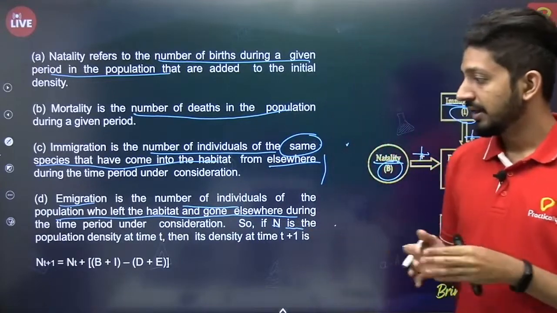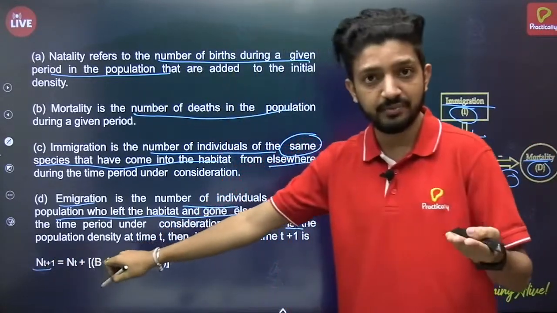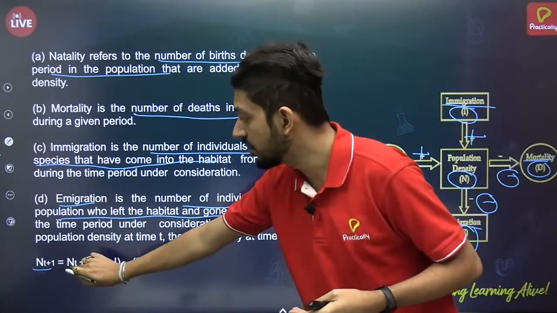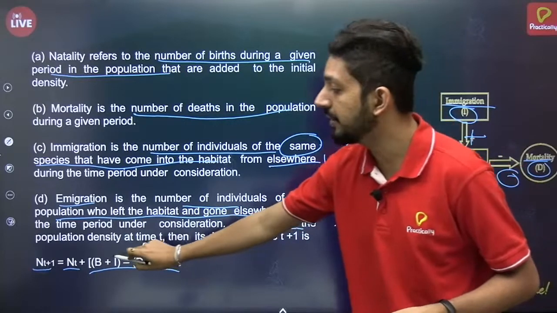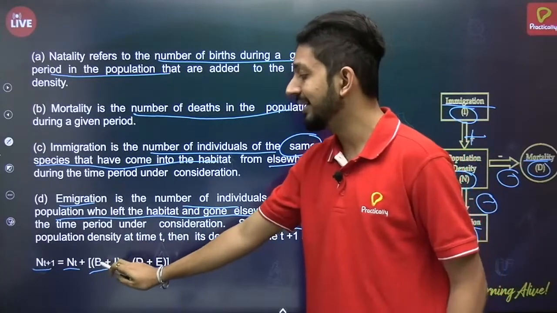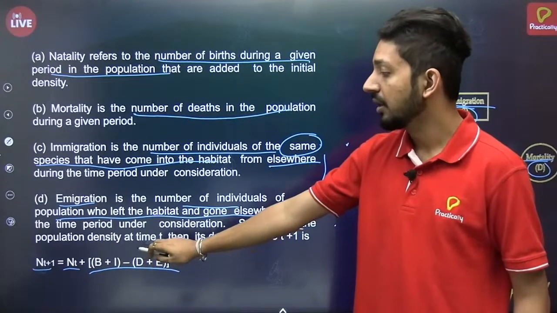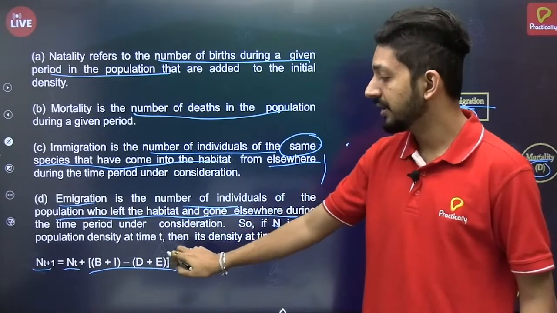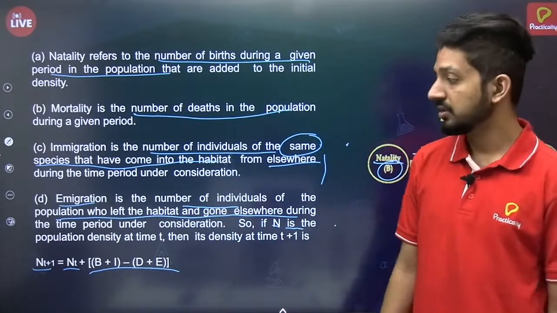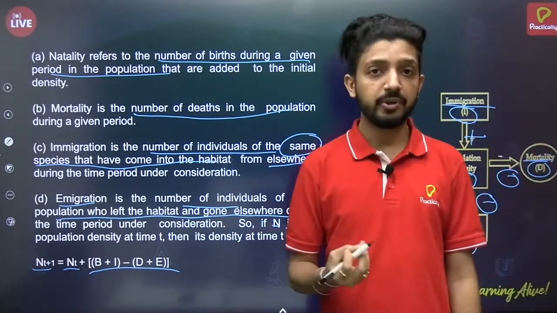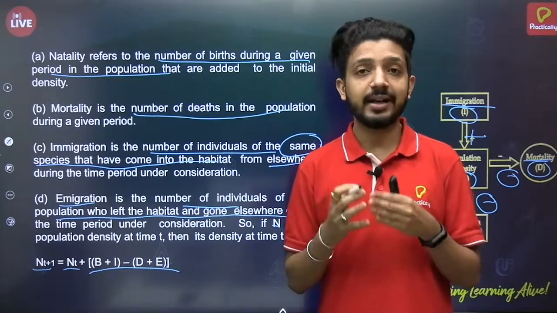And there is a formula also to give the population density after time t, that is t plus 1: the original population density Nt plus B plus I, that is birth rate, natality plus immigration, minus D plus E, that is death rate and emigration. In this way you can calculate the population density, and that's why it keeps on changing, hence it is not a static property.